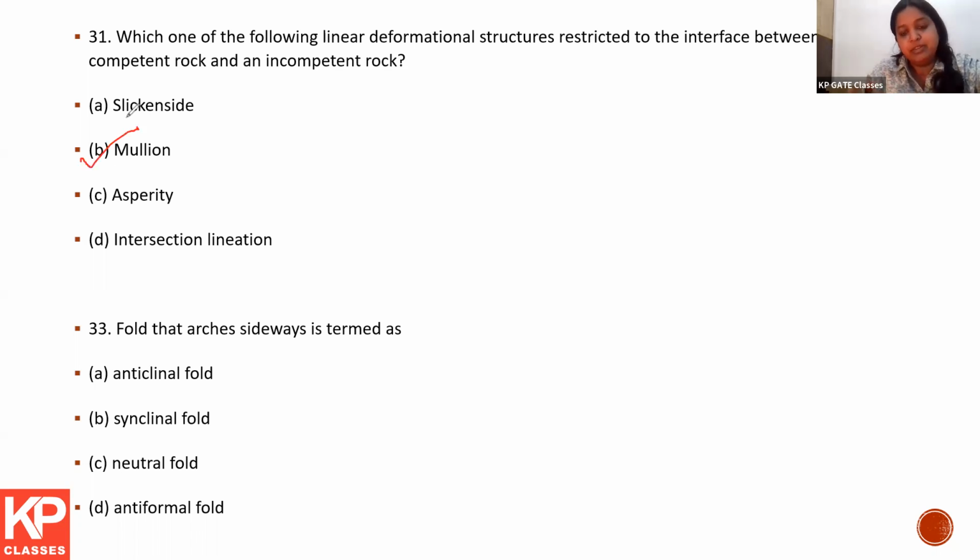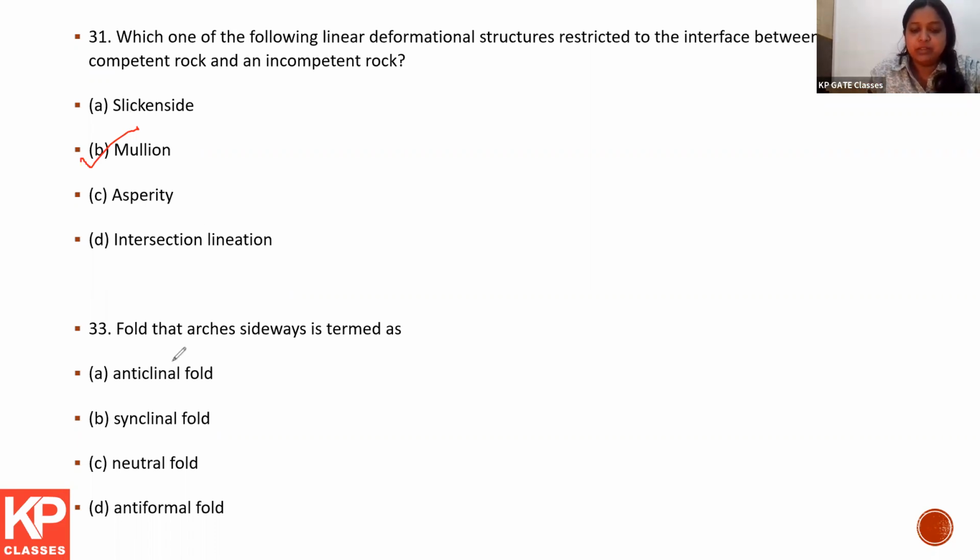Mullion is a structure associated with a contrast between two different layers, for example if quartzite and phyllite are present. Because competent and incompetent layers are there, the deformation structure we get is the mullion. These are mainly associated with the interface of competent and incompetent layers, such as quartzite and phyllite.